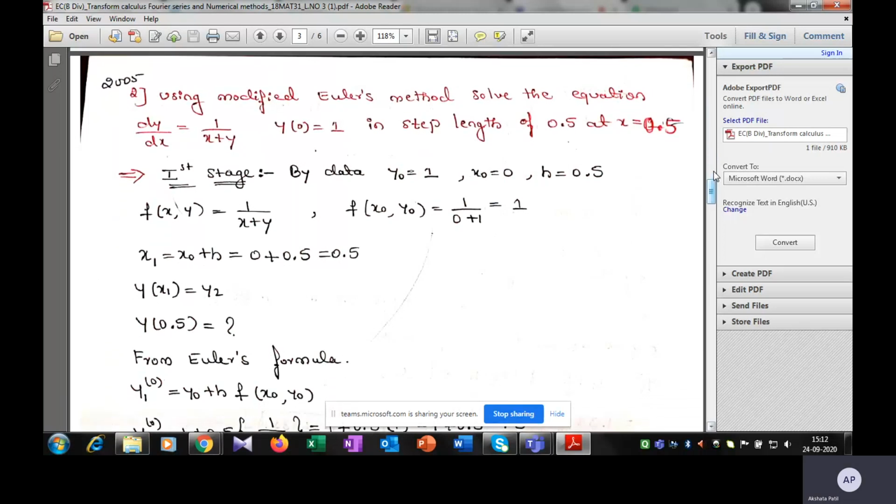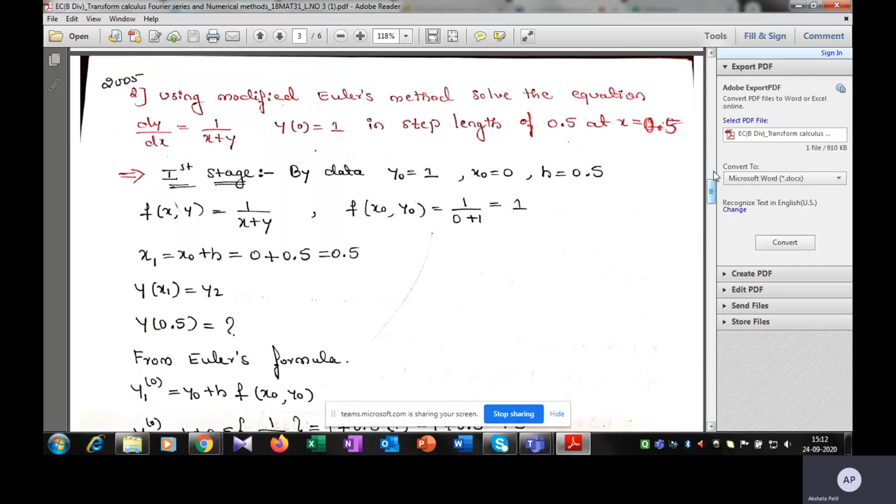Example number 2, using modified Euler's method to solve the equation dy by dx, which is equal to 1 divided by x plus y, y of 0 equal to 1, in step length of 0.5 at x equal to 0.5. Okay, now in this particular example, they have given the differential equation dy by dx equals 1 divided by x plus y, and they have given the initial condition y of 0 equals 1.